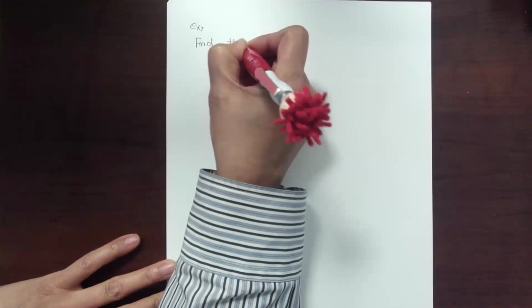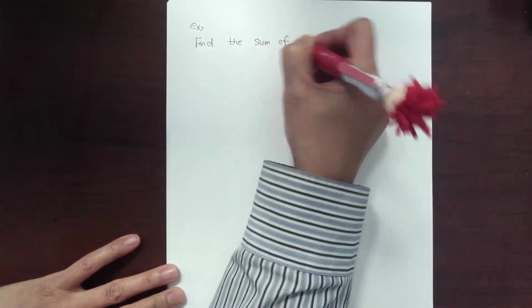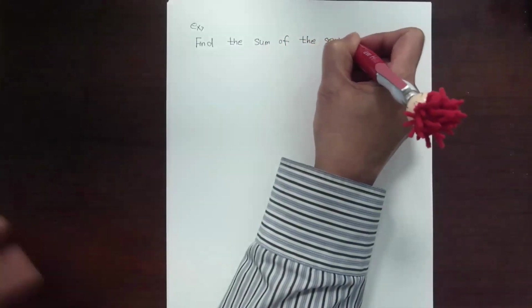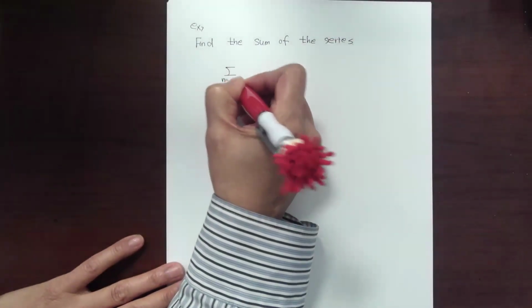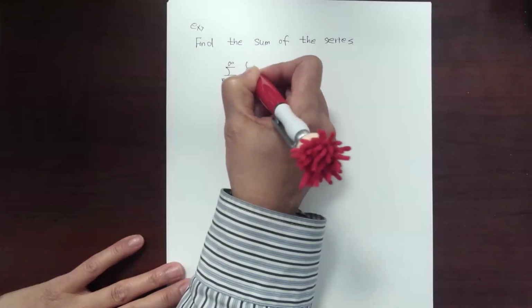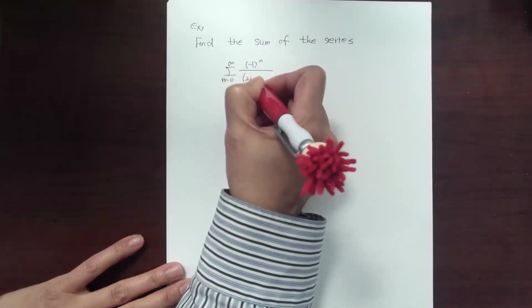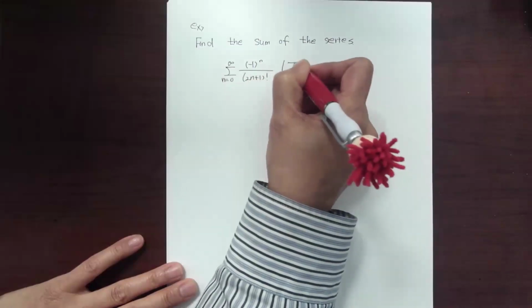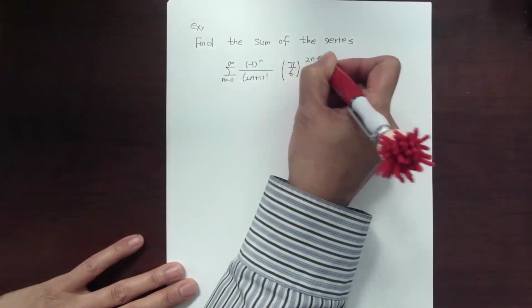Find the sum of the series. Summation n equals 0 to infinity, -1 to the n power over 2n plus 1 factorial times pi over 6 to the 2n plus 1.